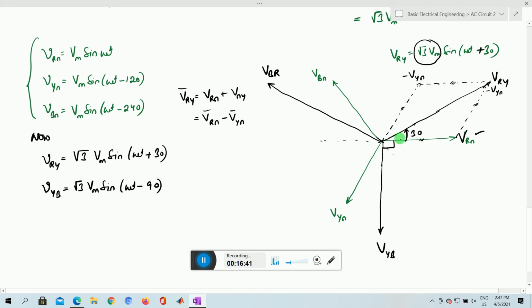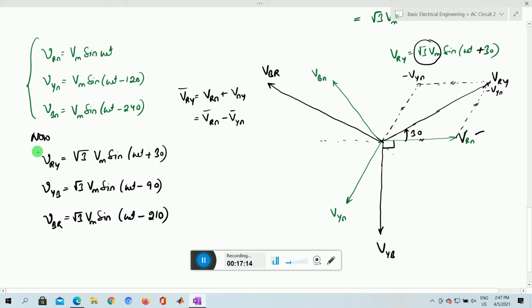It is kept in the phasor diagram so that the equation and the phasor both match. VRY, VYB and then VBR is equal to the same √3 Vm sine of omega t minus 90 and minus 120, so this will be 210.